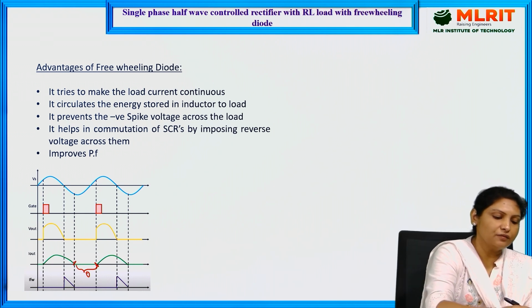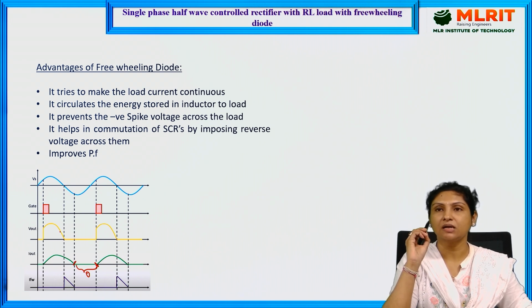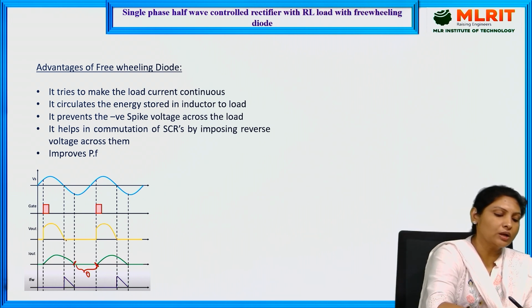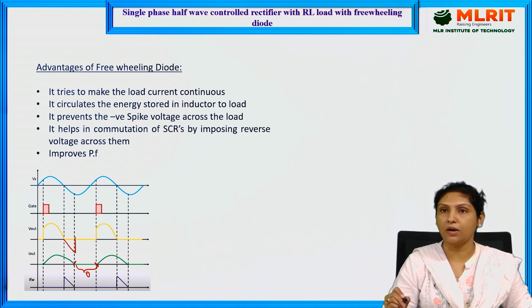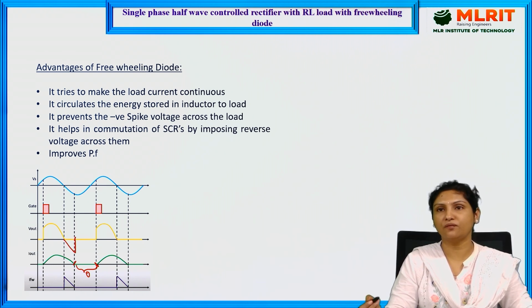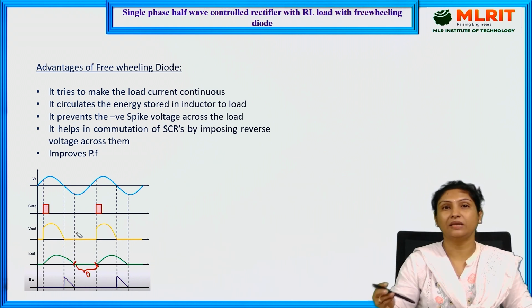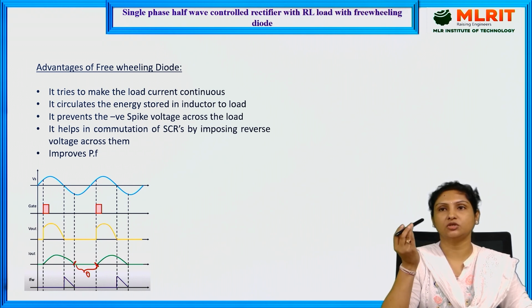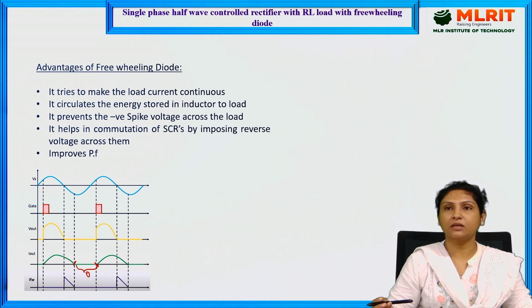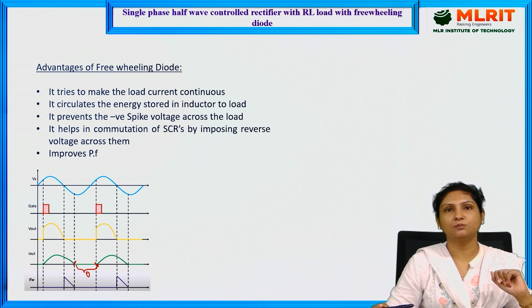That is, previously with single phase controlled rectifier with RL load, we have seen a negative spike. Whereas here, with the use of freewheeling diode, this particular negative spike is eliminated. That is the advantage. If we can eliminate this particular negative spike, we can improve the power factor in this process.